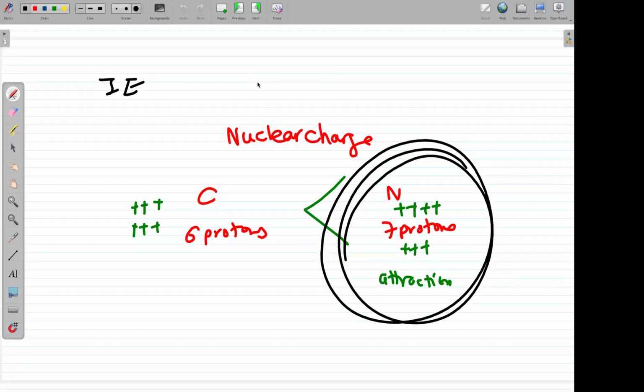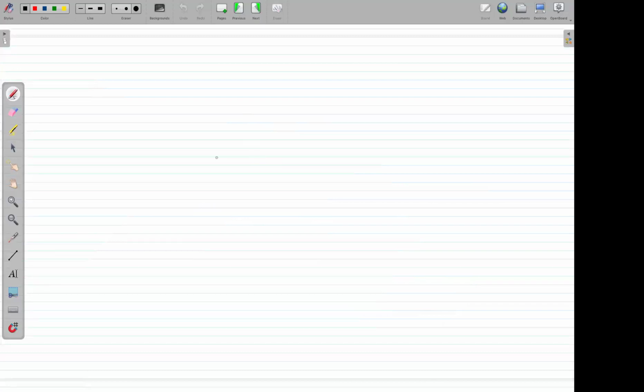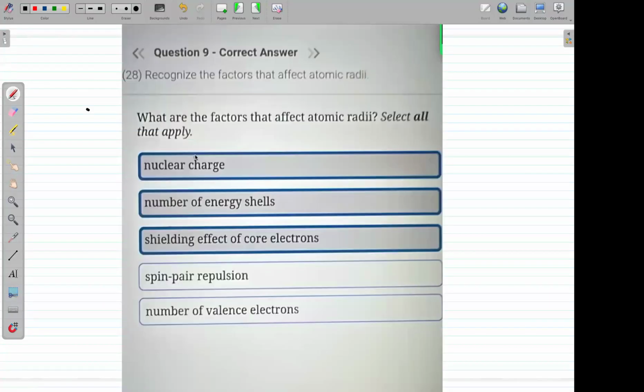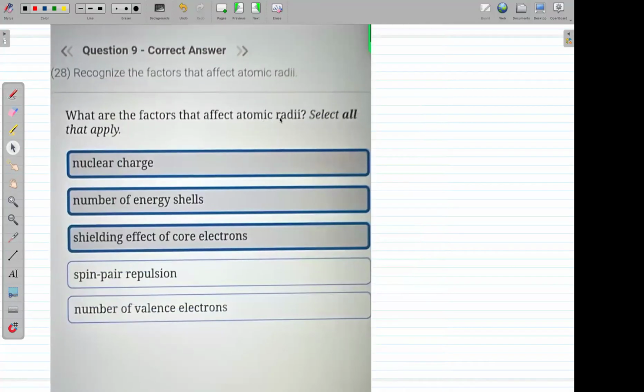So question number 9 is telling us, what are the factors that affect the atomic radius? Guess what? They are the same factors. The factors that affect the ionization energy are the same as the factors that affect the atomic radius.